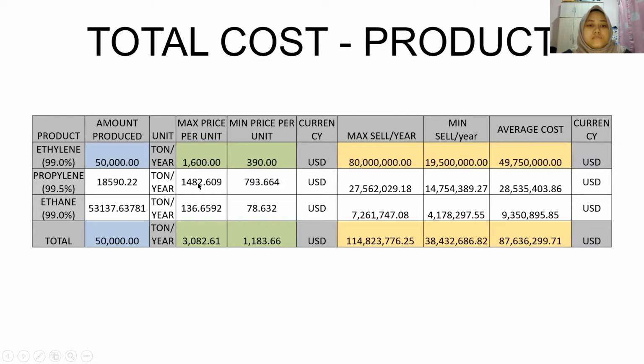Well, this is the maximum and minimum price of propylene and ethane. So the total profit that we could gain by selling these products is, the maximum is this amount, the minimum is this, and the average is around 87 million USD.